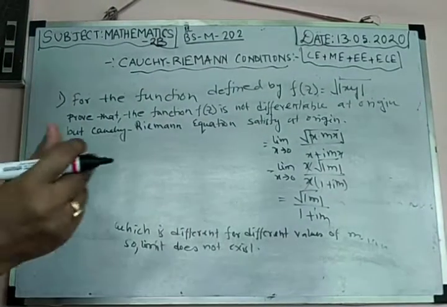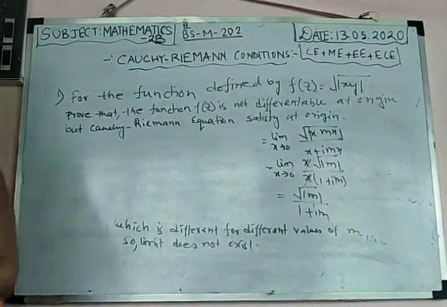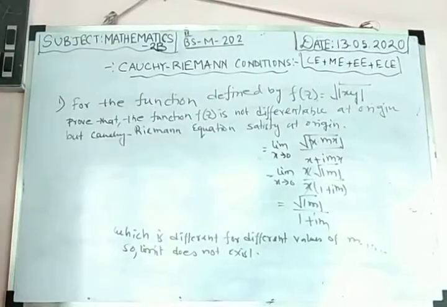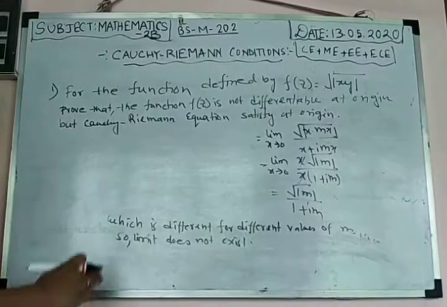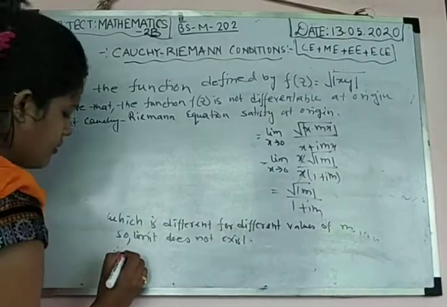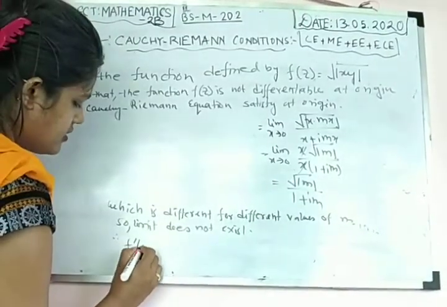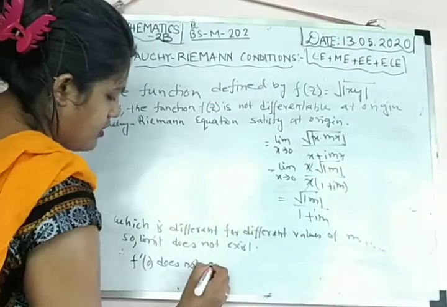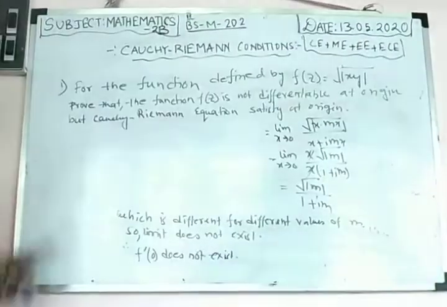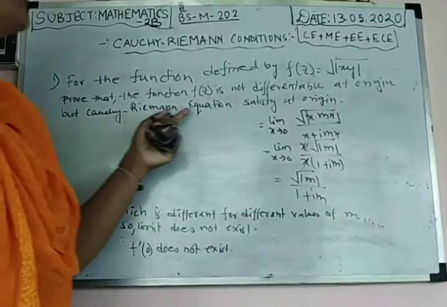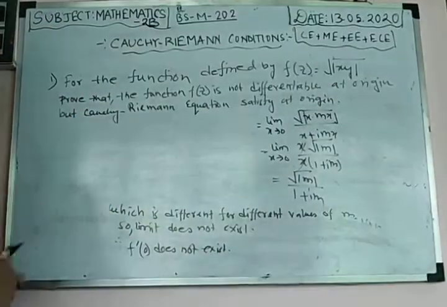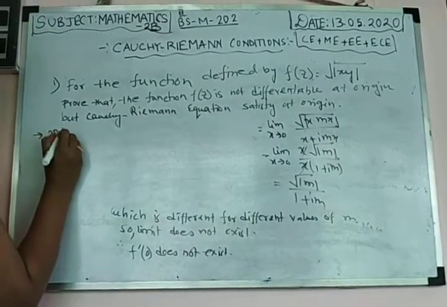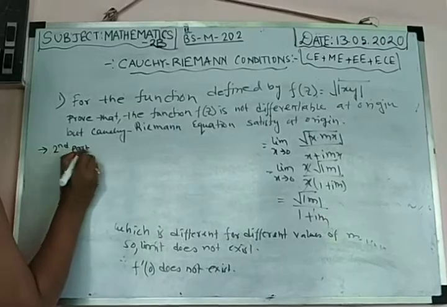A limit exists means a unique, finite value. So the limit does not exist, therefore f dash 0 does not exist at the origin. So the first part is complete. Our second part is whether the Cauchy-Riemann equations are satisfied at the origin. Now start the second part, part 2.